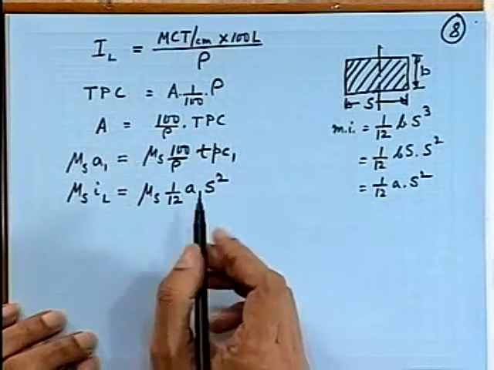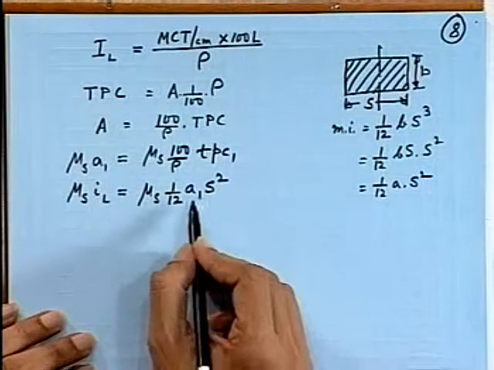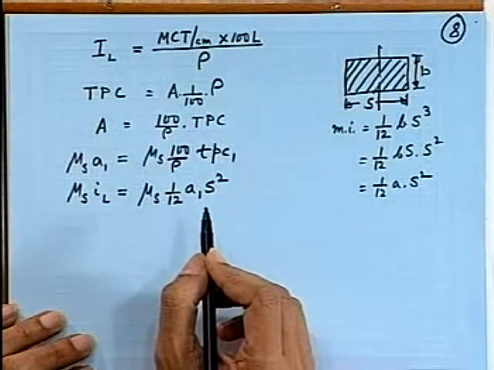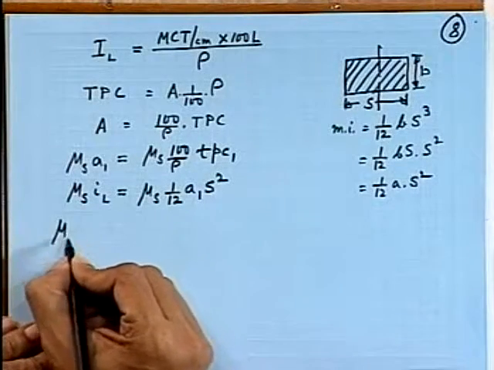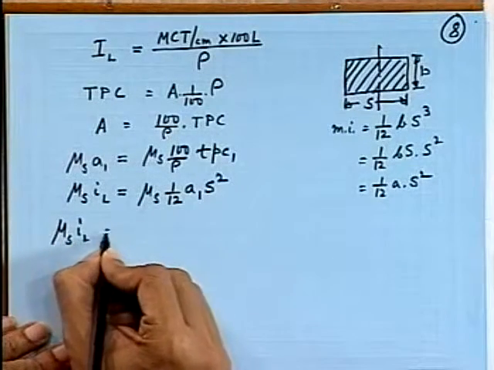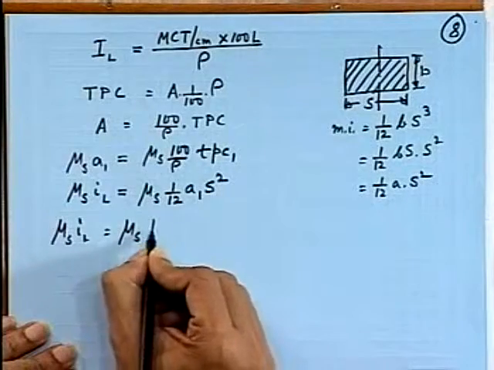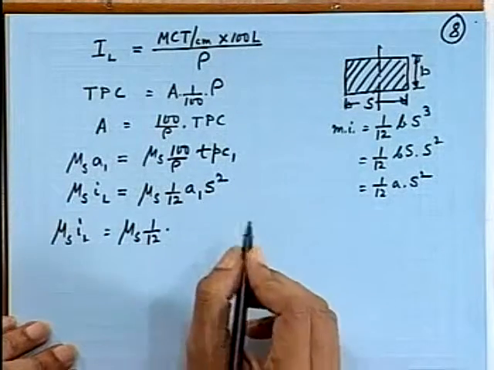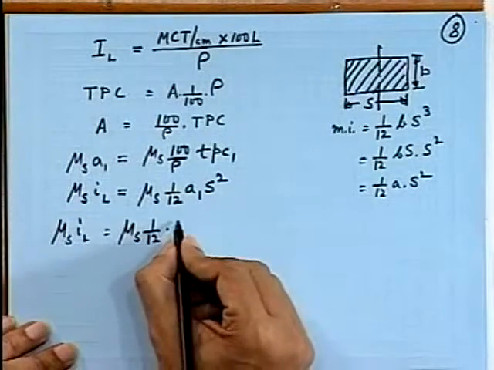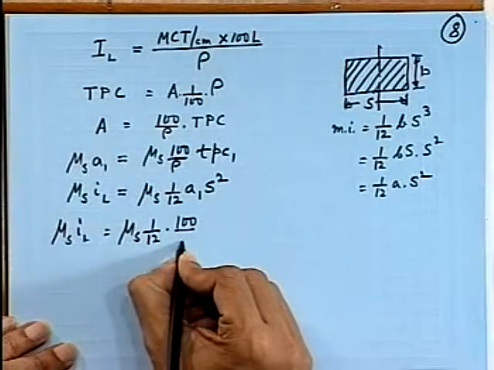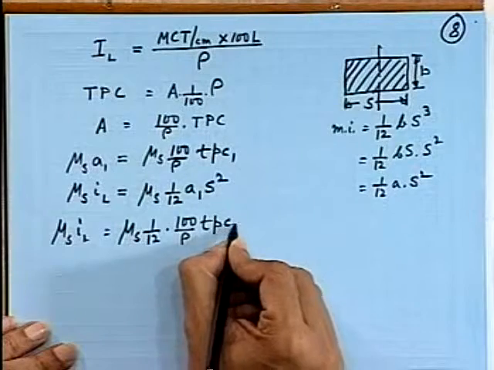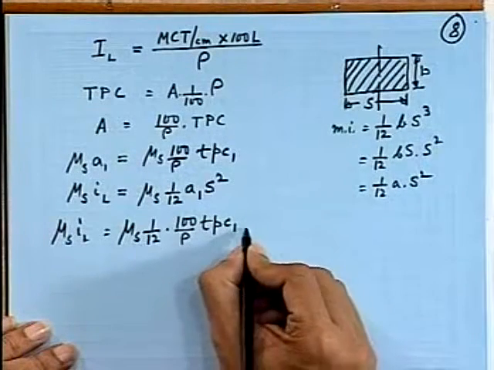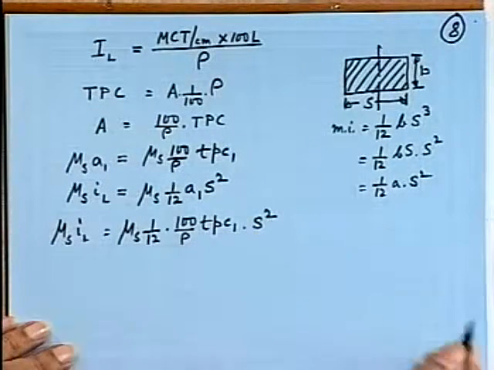Now again you break down this A1 in terms of TPC. How much will you get? So mu s IL will be equal to mu s into 1/12 multiplied by A1, which is again 100 by rho multiplied by TPC1, multiplied by S square.